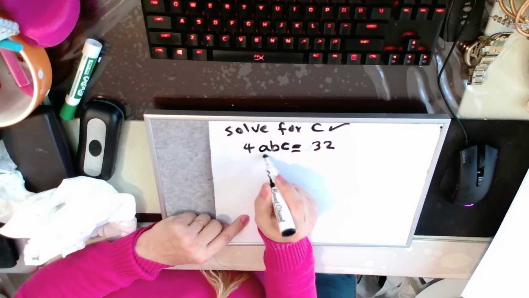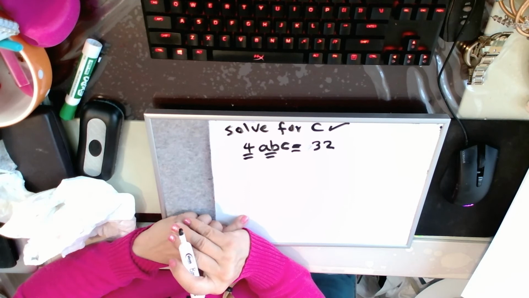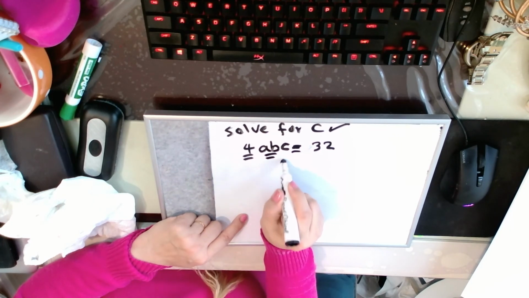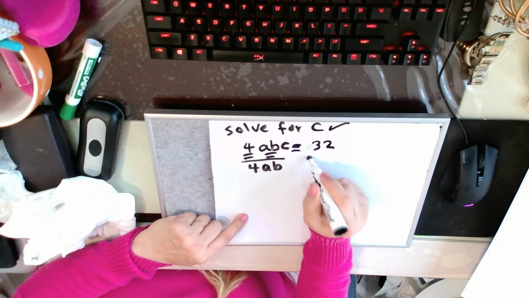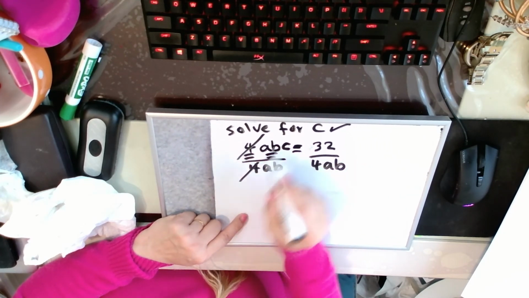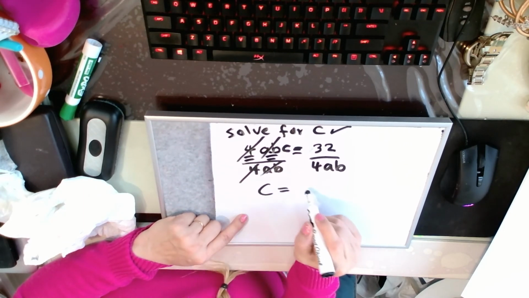So you have to get rid of AB and you have to get rid of 4. So what are you going to do? You're going to divide both sides by 4AB and get rid of it. So C now is by itself.